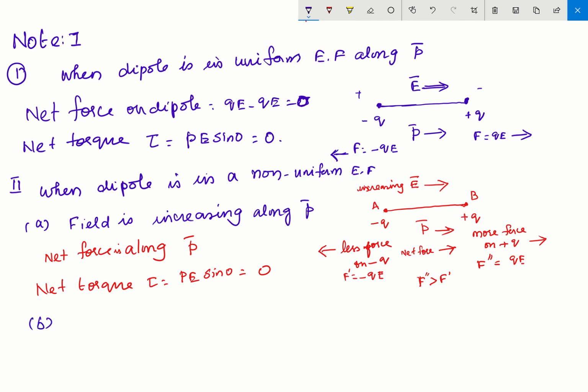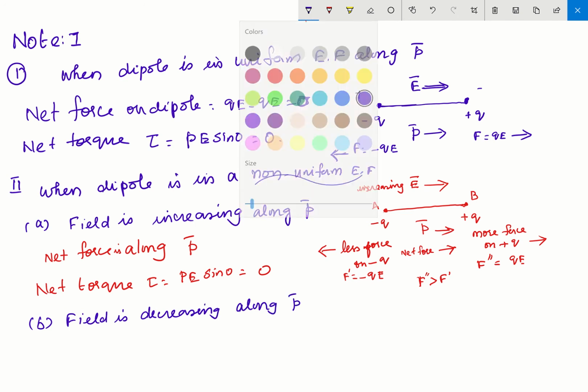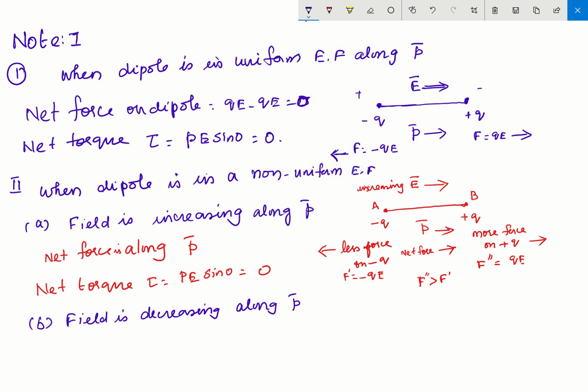The field is decreasing along P. Okay, what will happen now? Let me have the same case to differentiate. Here it is A, and here is B, and here is minus Q, plus Q.